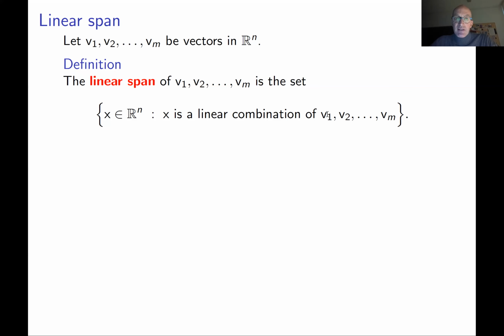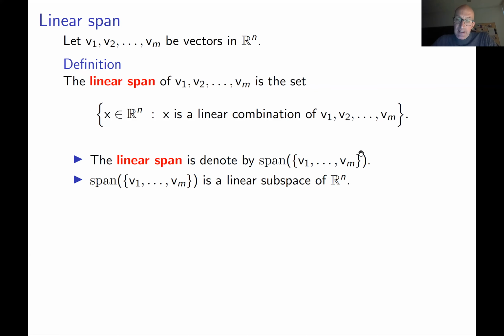So basically, x is contained in the linear span of v1, ..., vm if x is a linear combination of v1, ..., vm. And we use this a little bit bulky notation for the span of vectors v1, ..., vm. Sometimes you may omit curly brackets, but I usually use them.